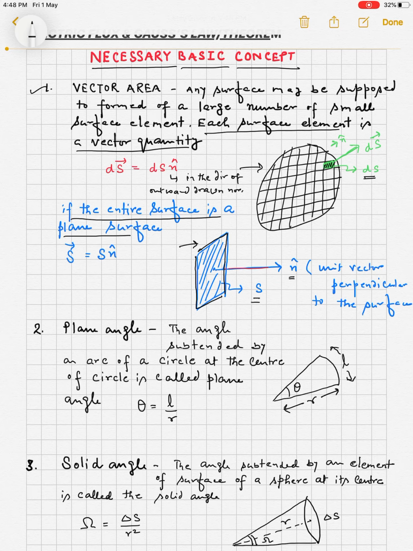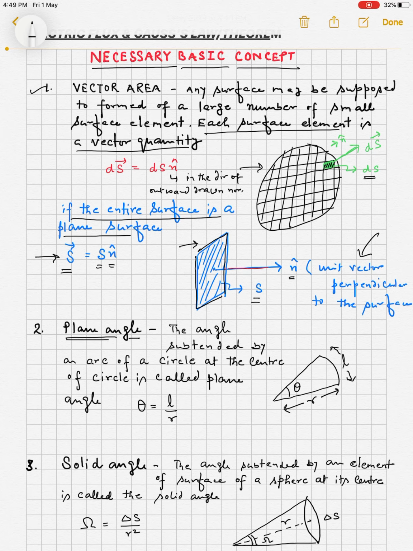So we can say a unit vector is drawn perpendicular to this surface. So the area vector S is equal to the magnitude multiplied by the unit vector in the direction of the outward drawn normal.